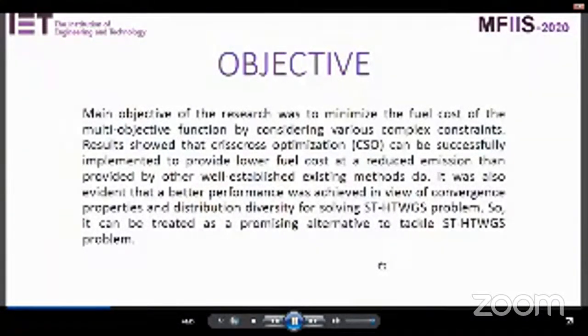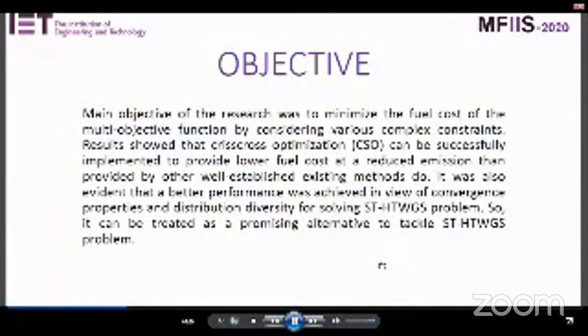The main objective of the research was to minimize the fuel cost of the multi-objective function by considering various complex constraints. Results showed that the proposed algorithm can be successfully implemented to provide lower fuel cost at a reduced emission than provided by any other well-established existing methods.